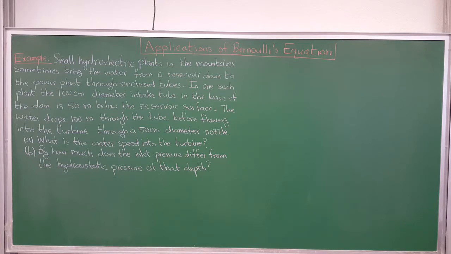The water drops 200 meters through the tube before flowing into the turbine through a 50 centimeter diameter nozzle. The questions are, what is the speed of the water into the turbine, and by how much does the inlet pressure differ from the hydrostatic pressure at that depth?